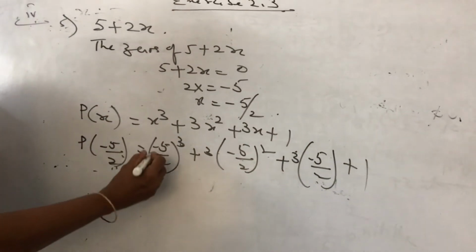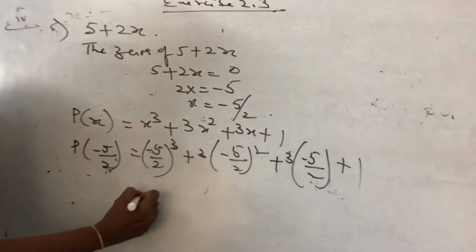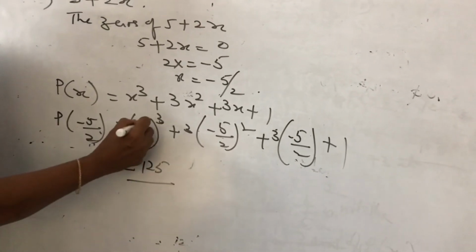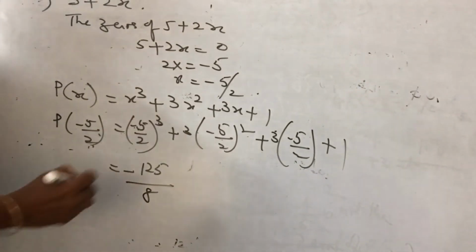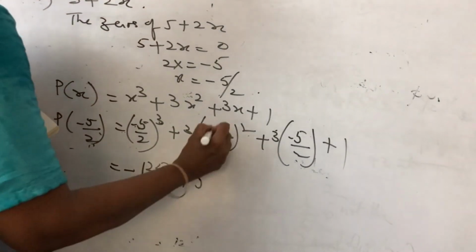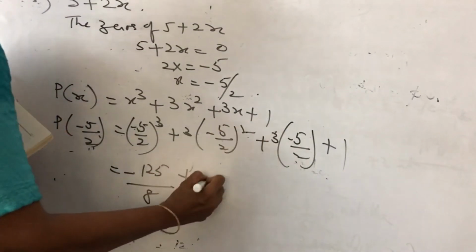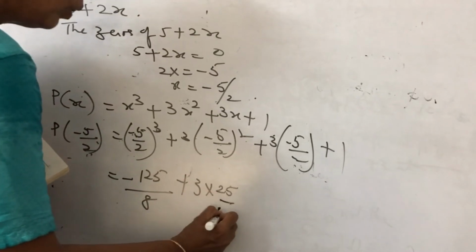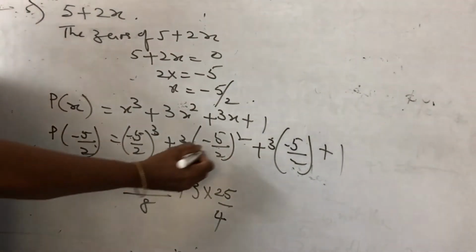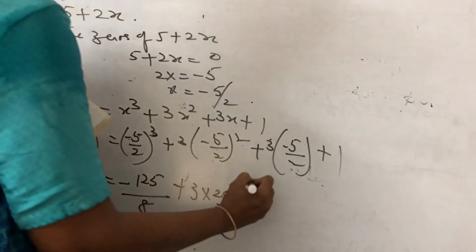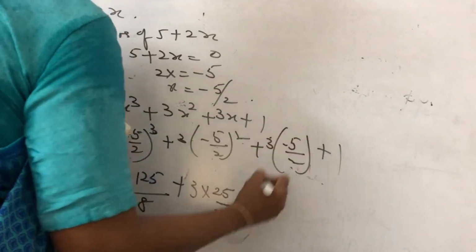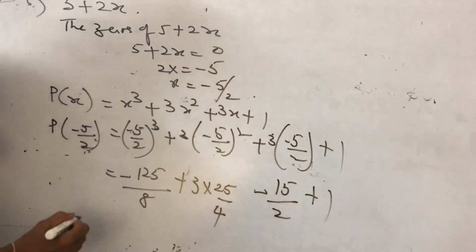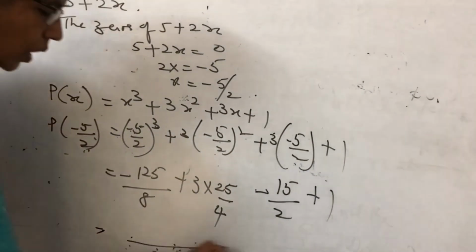Cubing, children. Negative number. The cube is negative. 5 cube, 125. 2 cube, 8. Negative number. Even power, positive. 5 by 2, the whole square. 5 fives are 25. 2 square, 4. Plus into minus, minus. Plus 1. Denominators are different, children.